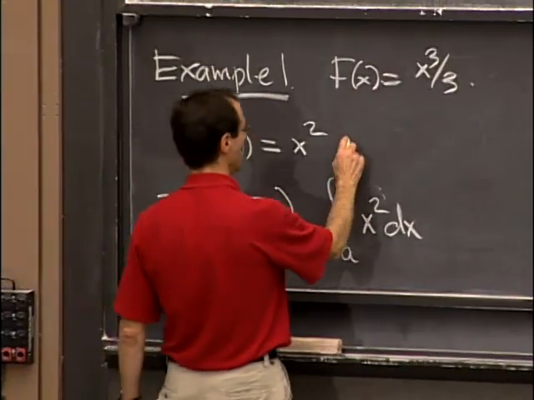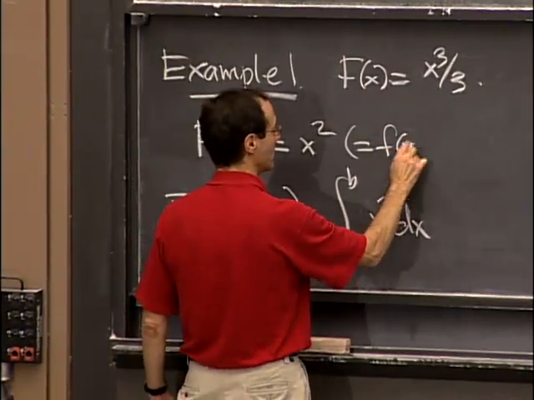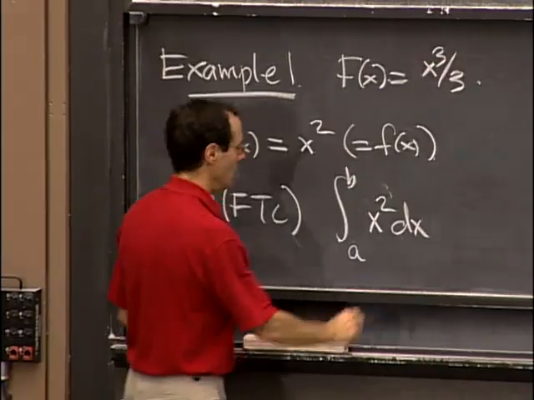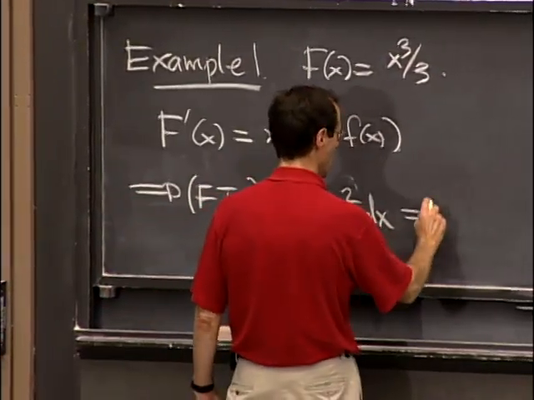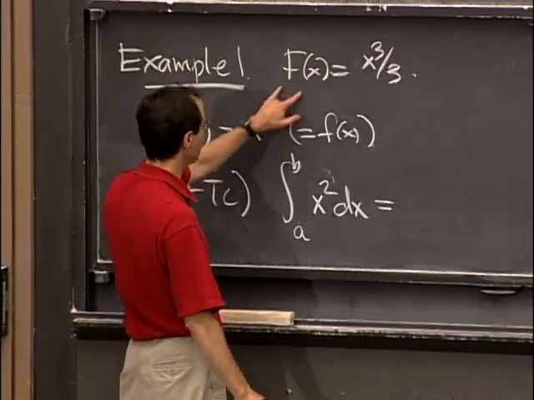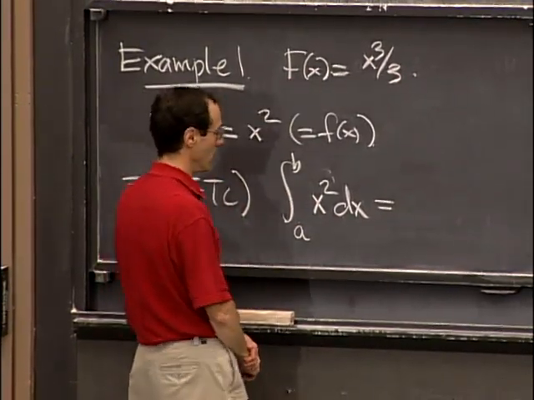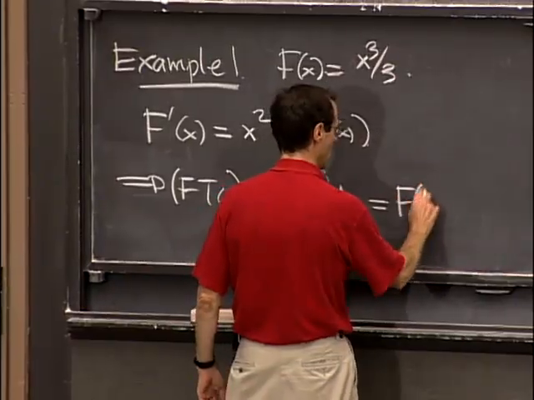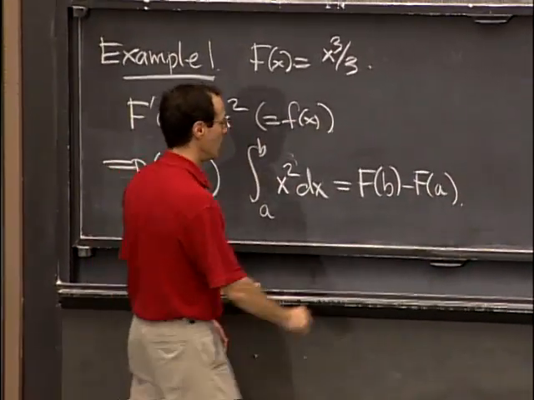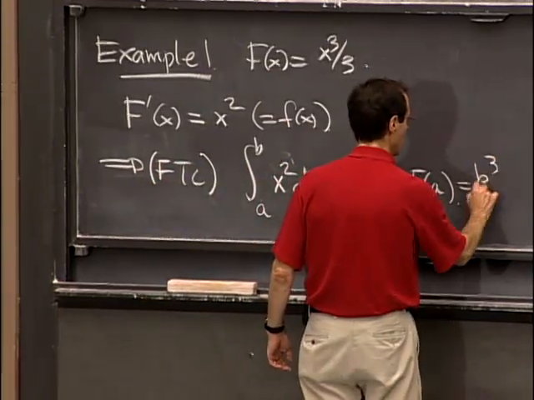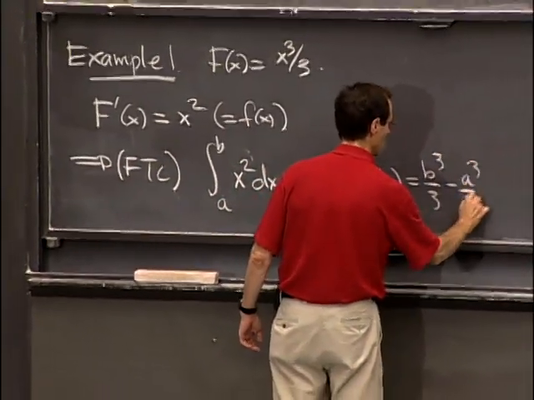This is the function we're going to use as little f of x, is equal to F of b minus F of a. So that's b cubed over 3 minus a cubed over 3.